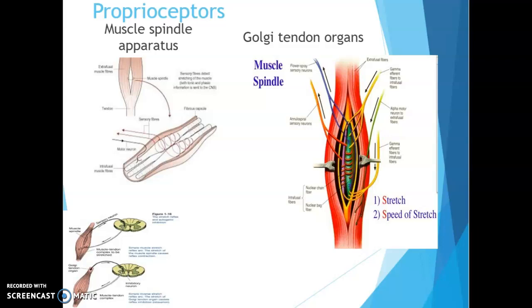This brings us on to the definition: another factor is the stretch reflex, and it's within the muscle spindle apparatus region, which can be a monosynaptic reflex, which provides an automatic regulation of skeletal muscle length.